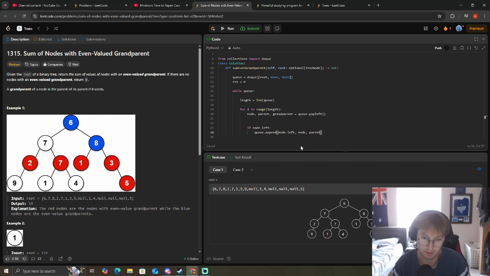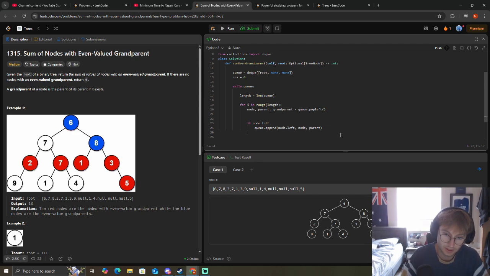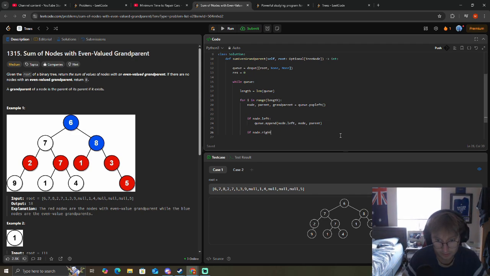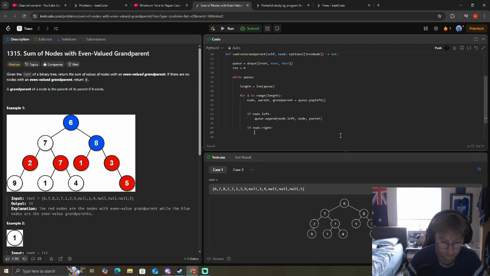So we'd append the new node, we'd make the current node equal to parent, and then the parent of that node equal to the parent. Then we do if node dot right, we do the same, where we'd append the queue, we'd append the right node, append that, then the parent, right?